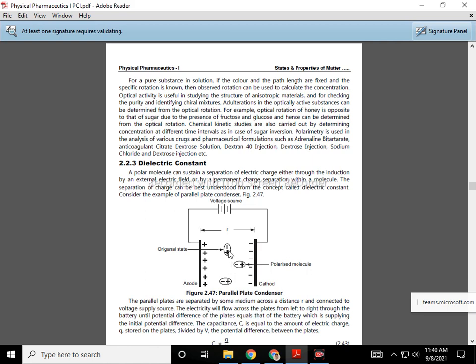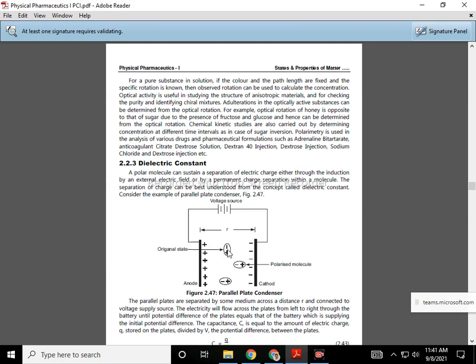Here in the diagram, originally the molecule will be like this, non-polar. The switch of this capacitor or condenser or battery is off now, so the original state of the non-polar or less polar molecule will be like this.